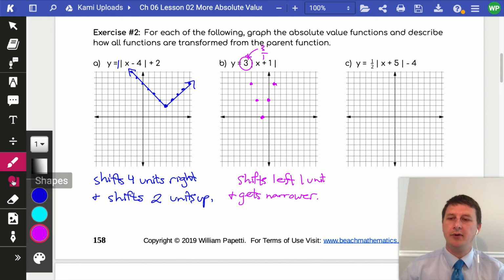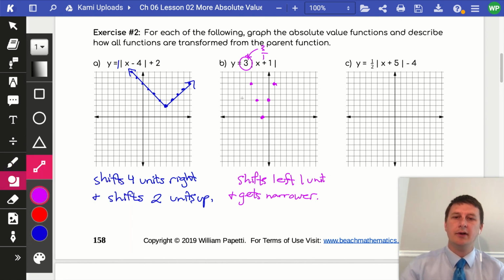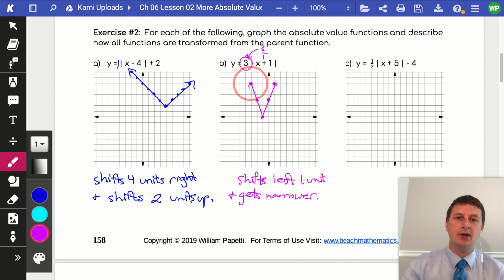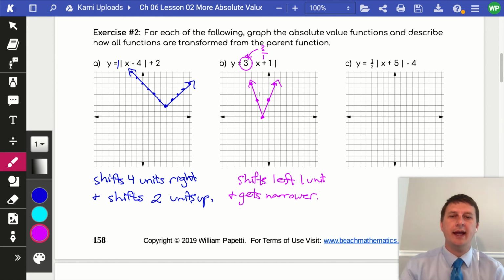Once we have all the points that fit on the coordinate plane, we're going to take 2 straight lines and connect the points we do have. And since we did not go to the edge of our graph, let's draw arrows on the ends of those lines to show that the graph does indeed go on forever. So this is the absolute value graph of 3 times the absolute value of x plus 1, which is shifted 1 unit left, and it's definitely narrower than the parent function.